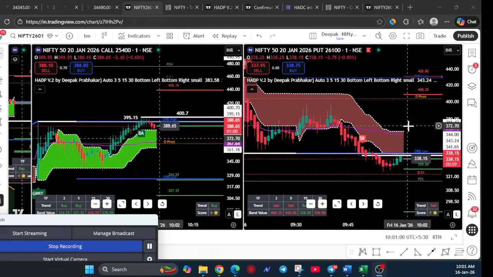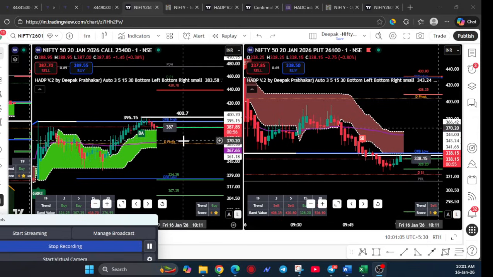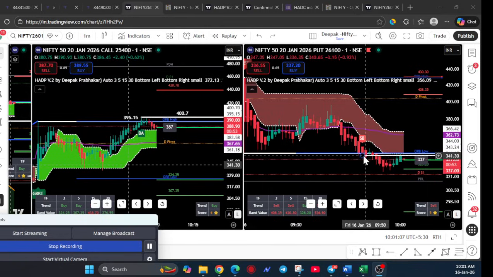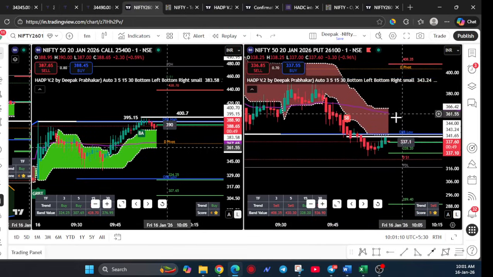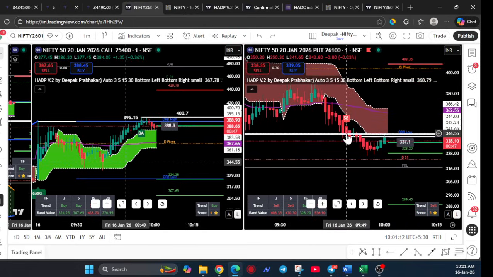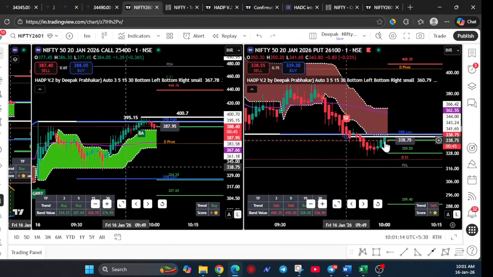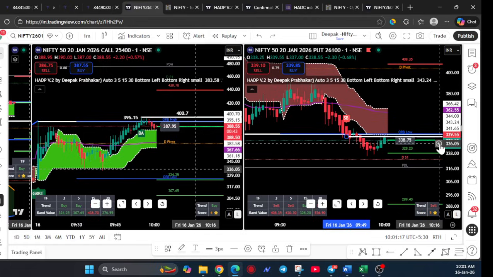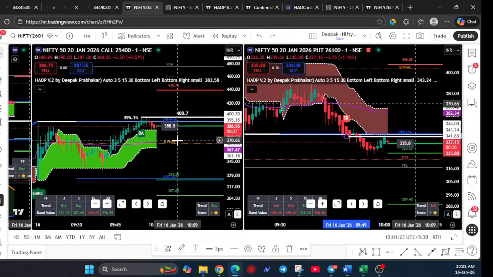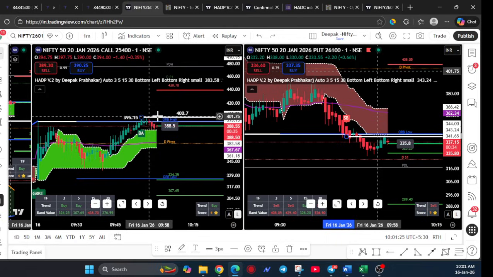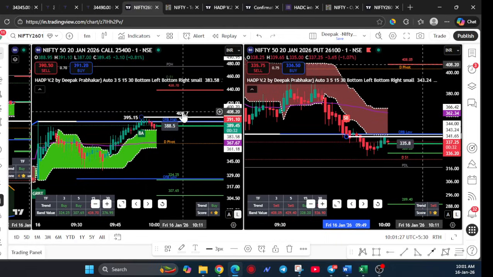So there is a very clear lag in the call, right? On 1 minute it has already triggered the put selling, right? 1 minute sell below candle has got triggered. On 1 minute call, it has not yet triggered this 400.7.